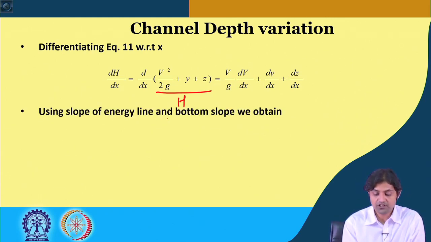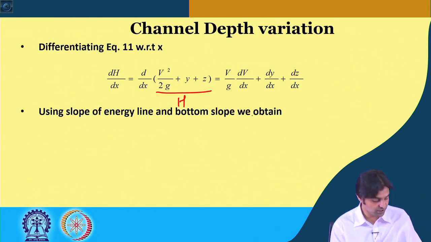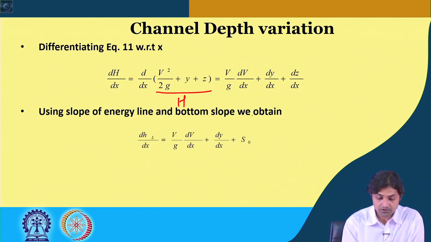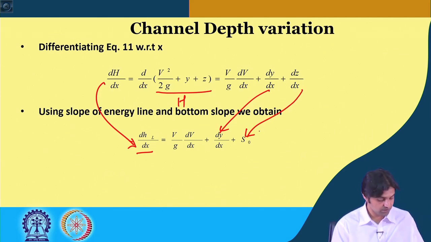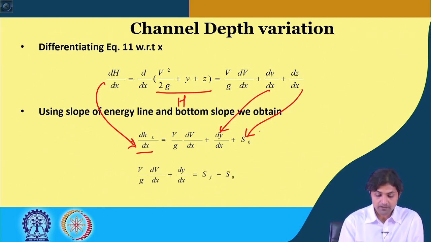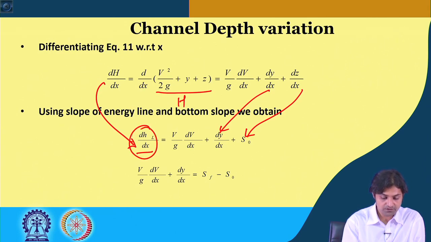Using the slope of the energy line and the bottom slope, dh by dx is also dhl by dx from the previous slide. The dz by dx can be written as S naught. What is this value? This is Sf.